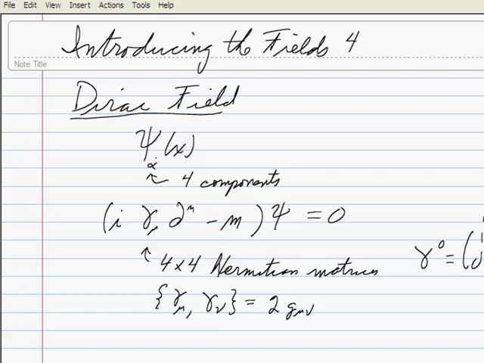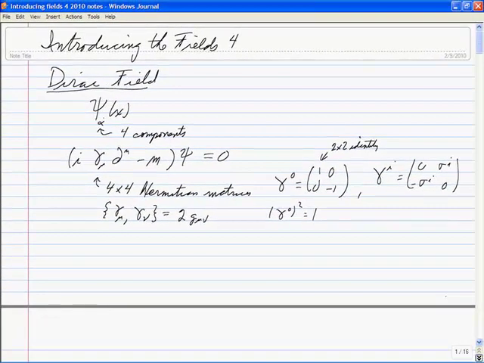So if you take gamma 0 and square it, that's 1, because gamma 0 plus gamma 0 is 2 times g 0 0, so that's 1. Okay, that's the main one. Gamma i squared, if you just multiply it out, of course this one's obvious. Gamma 0 squared is 1. If you just square that, you get 1.